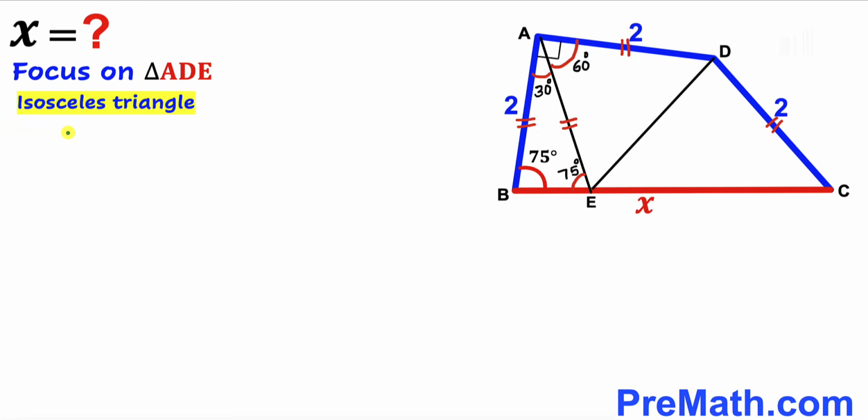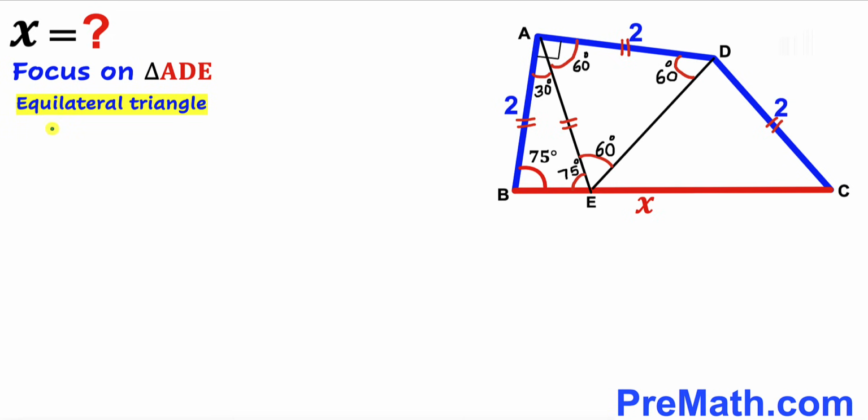Now we can see that triangle ADE is an isosceles triangle, since these two side lengths are congruent. So we conclude that these two angles are congruent as well. Since this angle is 60 degrees, these two congruent angles are 60 degrees as well, and this angle is going to be 60 degrees as well.